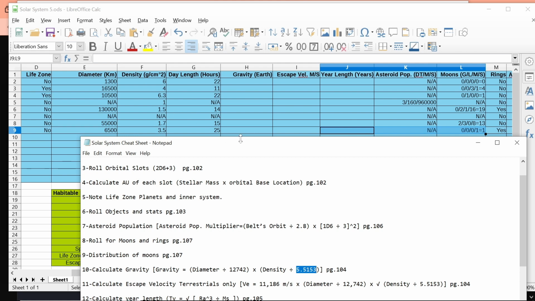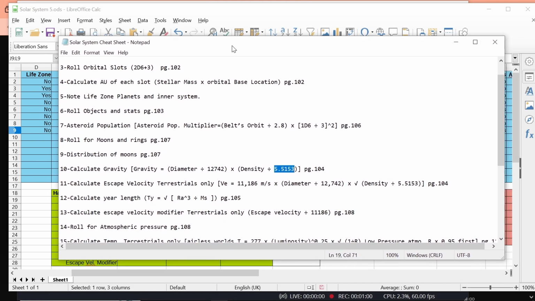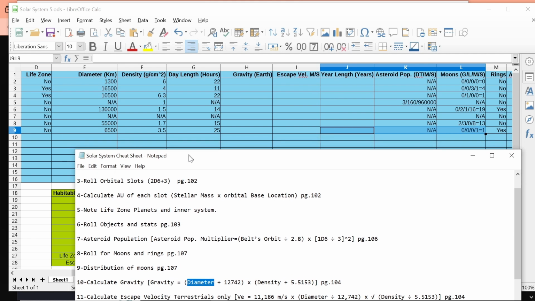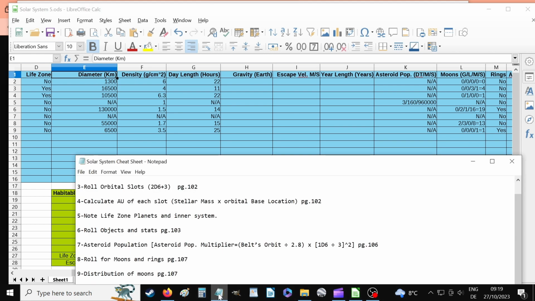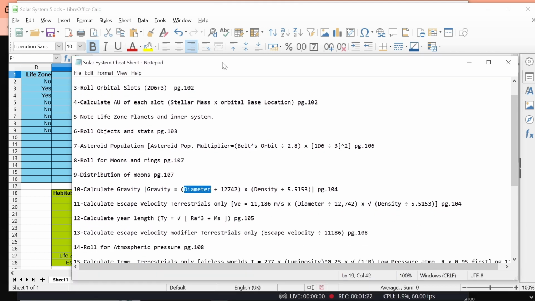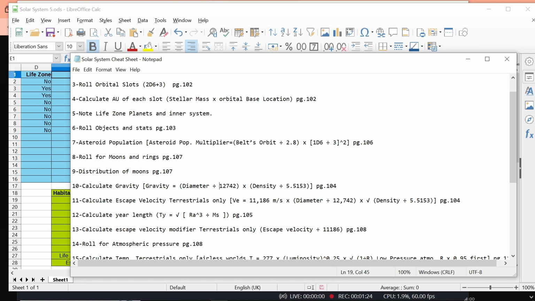It's here. Then we're going to take the result of this calculation and multiply it by our diameter in this box, divided by 12,742. So that's the calculation.